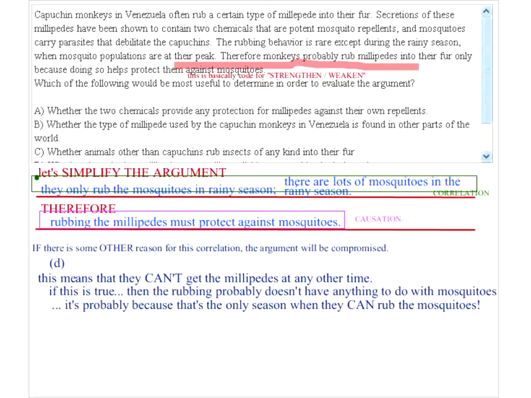Let's look at choice E in the same regard. Whether secretions of any other insects contain chemicals that repel the mosquitoes. Well, let's see what this does. This doesn't affect the correlation that we're looking at.